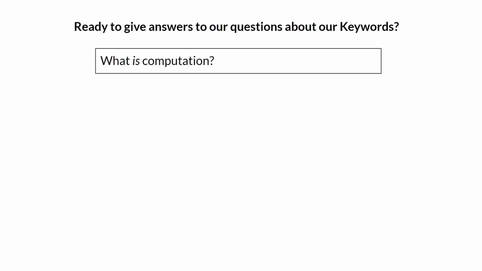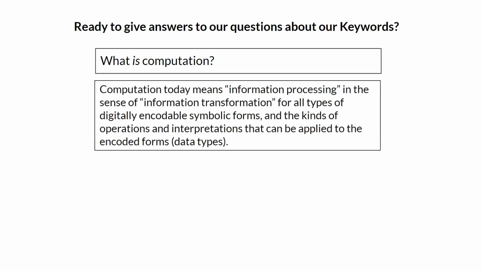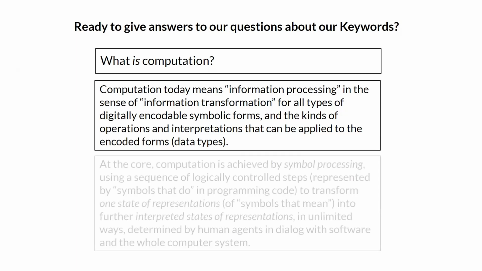So you ready to give some answers to our questions about our keywords? What is computation? Well, computation today means information processing in the sense of information transformation for all types of digitally encodable symbolic forms and the kinds of operations and interpretations that can be applied to the encoded forms, which we call data types.